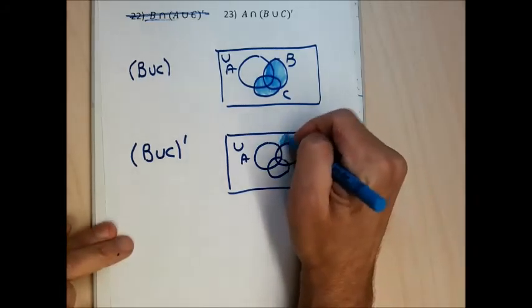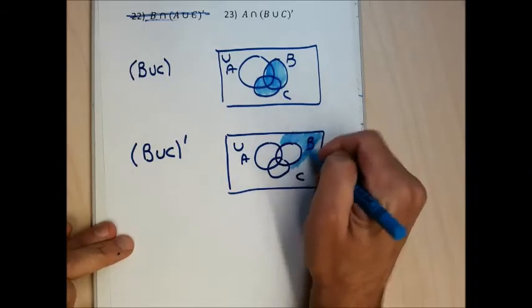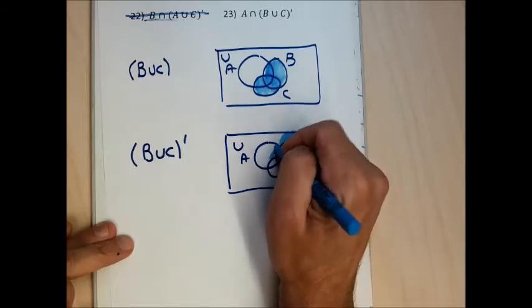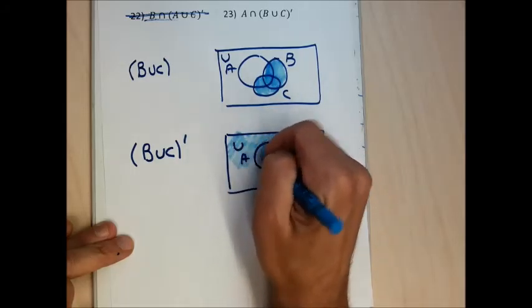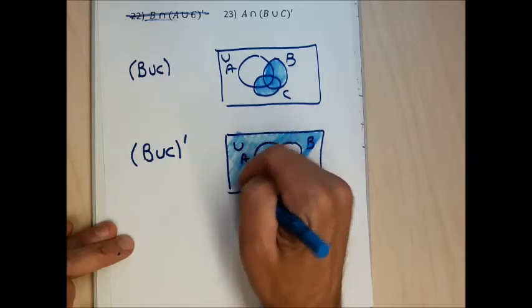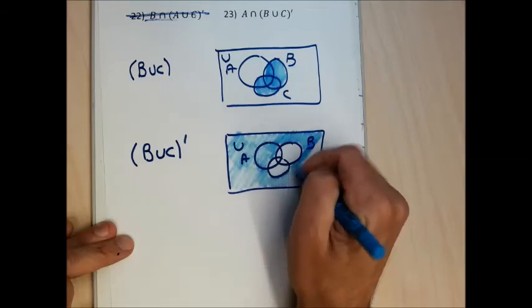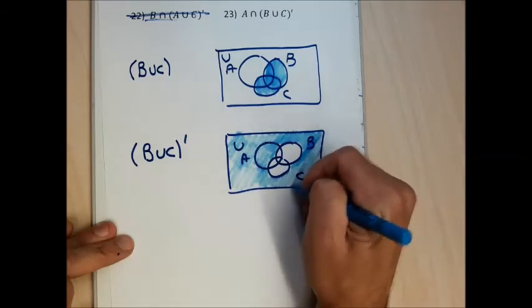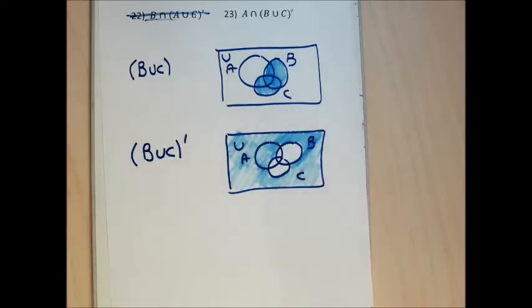So what's not shaded, or what's in white in the picture that I have just drawn previously, is now going to become shaded. So this is a reasonable picture that I would call B union C complement.